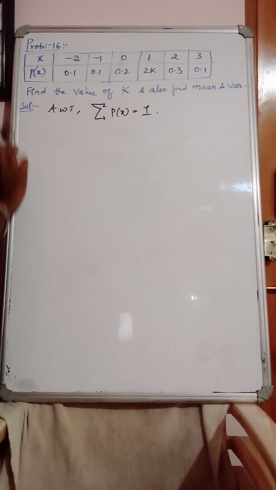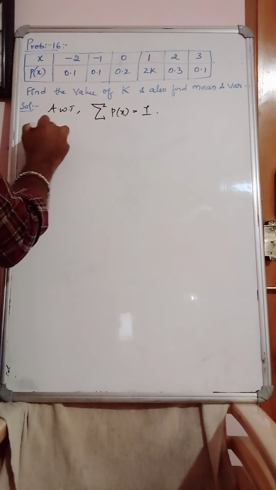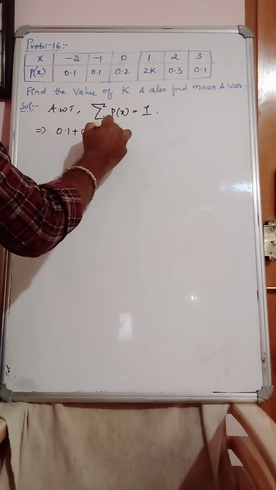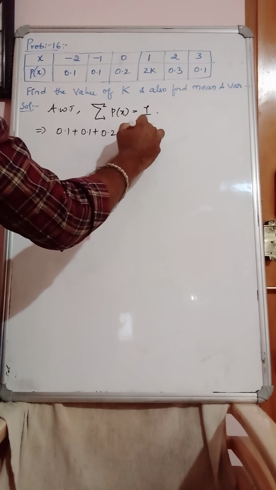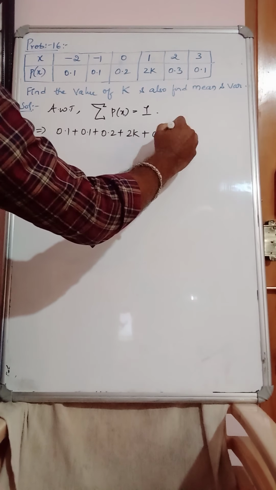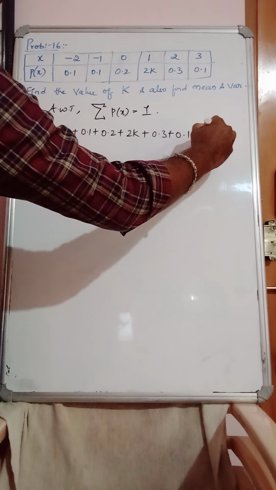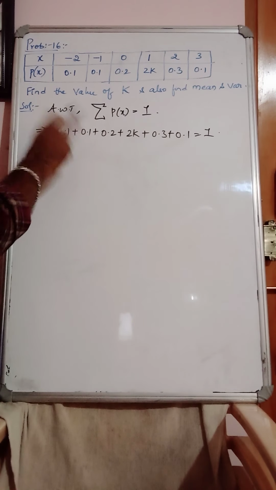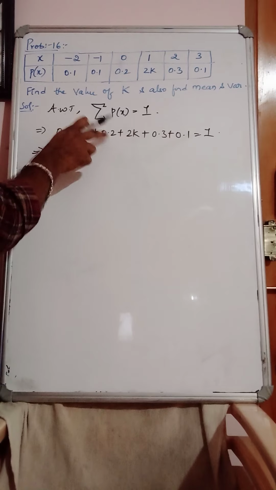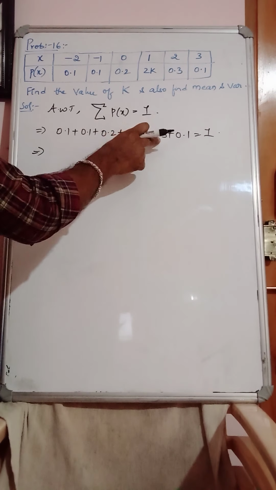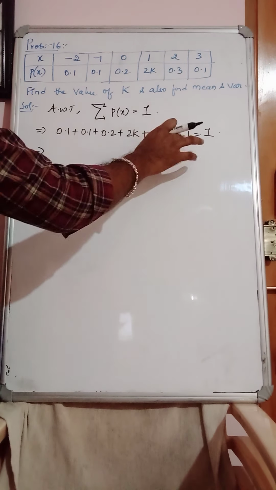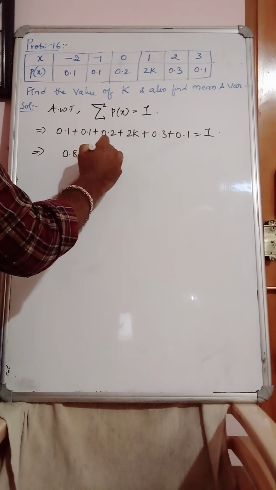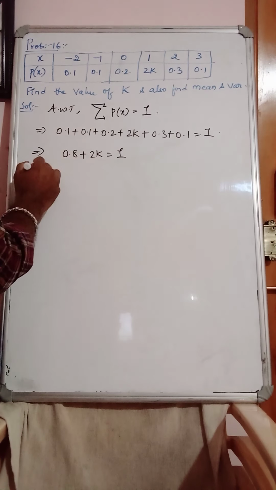Now, according to that, look at this: 0.1 plus 0.1 plus 0.2 plus 2k plus 0.3 plus 0.1 equals 1. That is 0.1 plus 0.1, 0.2; 0.2 plus 0.2, 0.4; 0.4 plus 0.3, 0.7; 0.7 plus 0.1, 0.8; plus 2k equals 1.